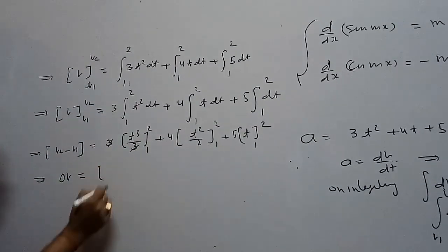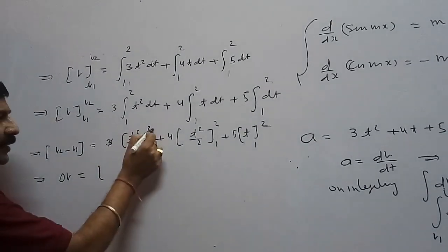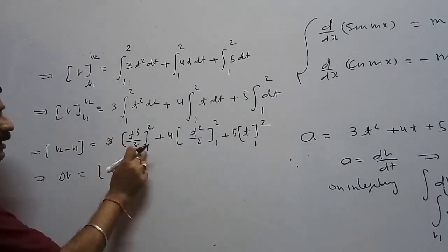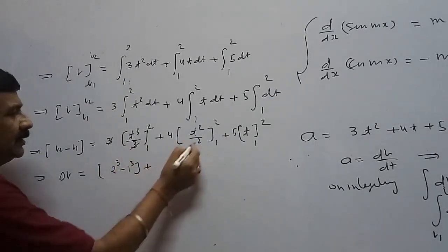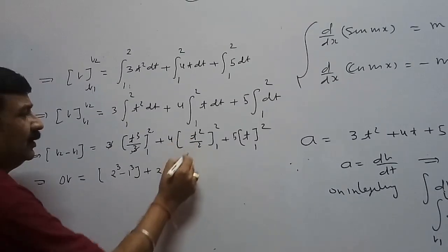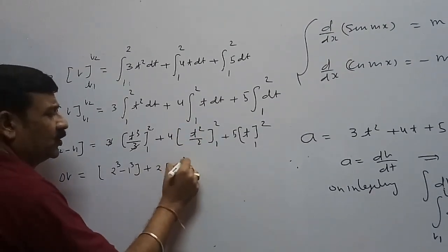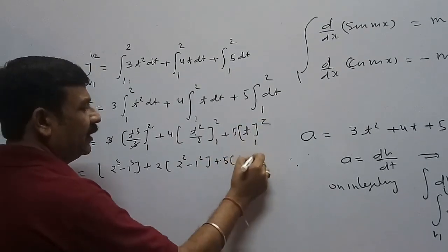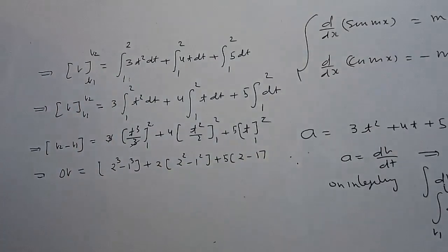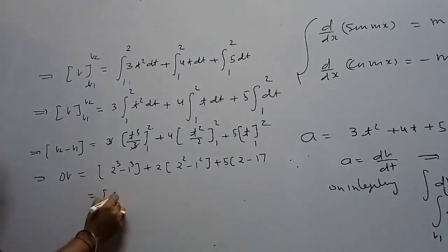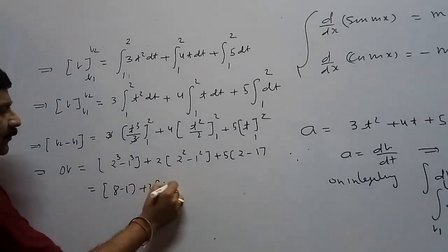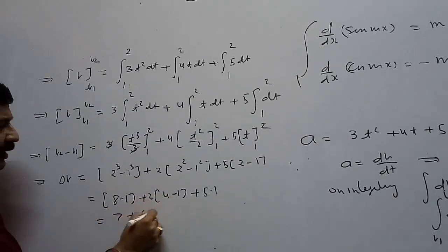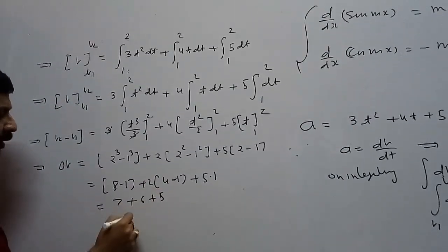So v2 minus v1 will be called change in velocity, जो आपसे पूछ रहा था. इस 3 से 3 कैंसिल होगा. वेरिएबल t है, t की जगह पे अपर लिमिट, तो t की जगह पे जब 2 प्लेस करेंगे तो मिलेगा 2 क्यूब माइनस वेरिएबल t इसकी जगह पे लोअर लिमिट 1 क्यूब प्लस यहाँ पे 2 बाहर निकलेगा. वेरिएबल t इसकी जगह पे 2 लिखिए तो 2 स्क्वायर माइनस 1 स्क्वायर प्लस 5. t की जगह पे 2 लिखिए माइनस t जहाँ पे, इसे कहते हैं प्लेसमेंट ऑफ लिमिट. दैट इज 8 minus 1, 4 minus 1 into 1, 7 plus 6 plus 5, that is 18 unit.